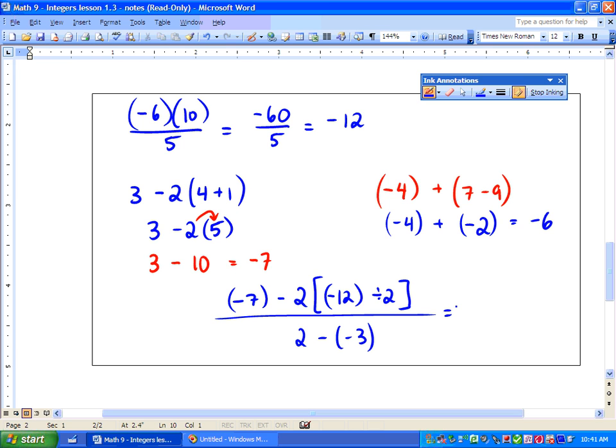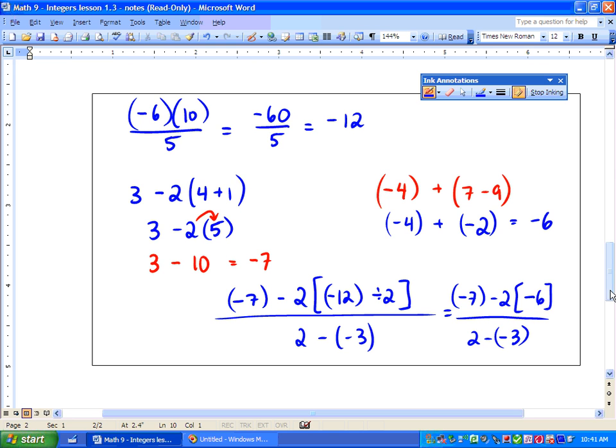All right, so we're going to do our top first, and we've got to do our brackets. So we're going to get negative 7 minus 2, and we're going to find out what our brackets are. Negative 12 divided by 2 is going to be negative 6. All over 2 minus negative 3.